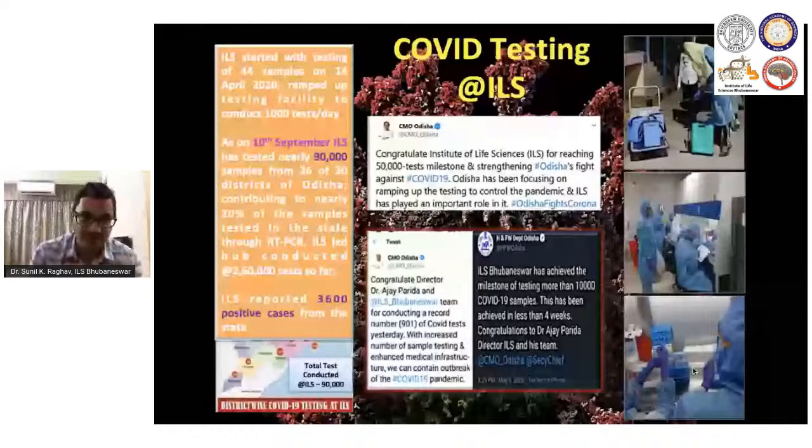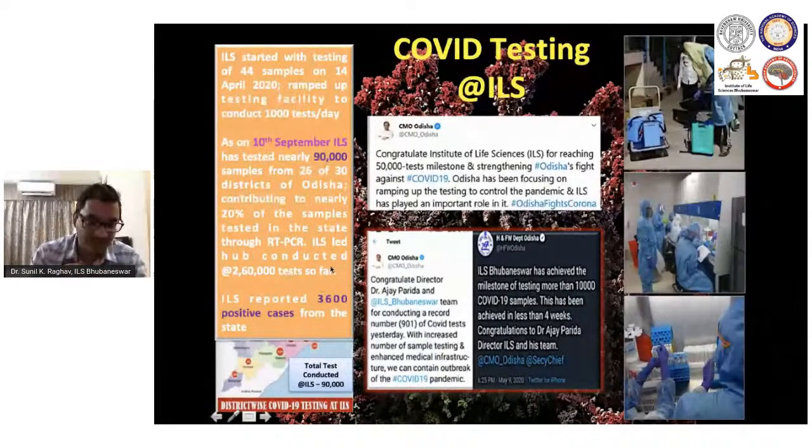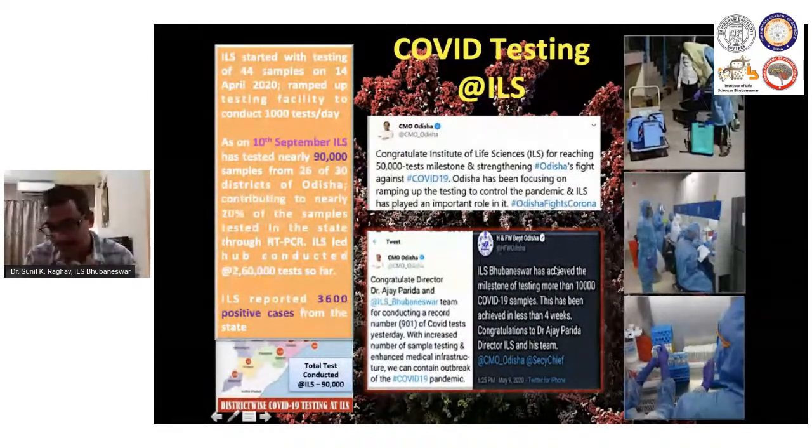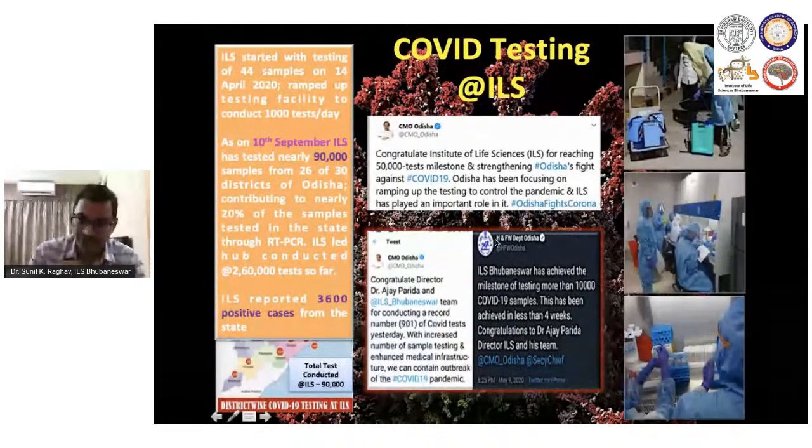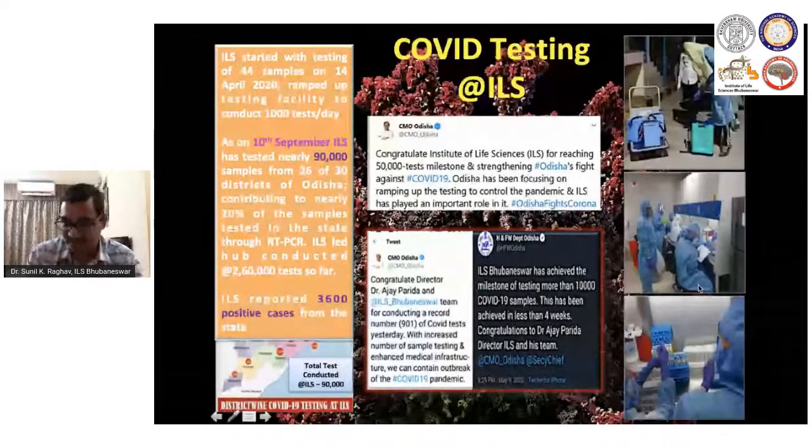We started with 44 samples in around mid of April, and now we have around 90,000 samples tested out of a total 260,000 tests done by the state. And the CM also, like the state, appreciated it much. These are some of the pictures of how we do it in our BSL3 facility.